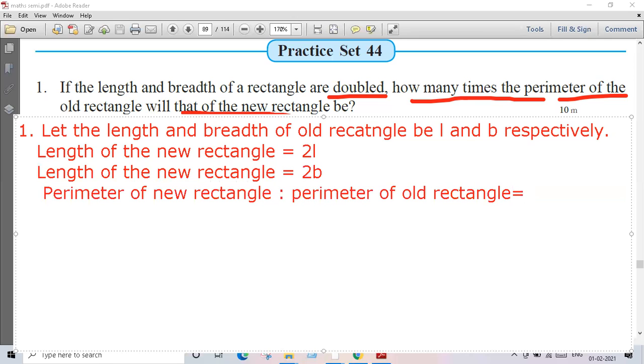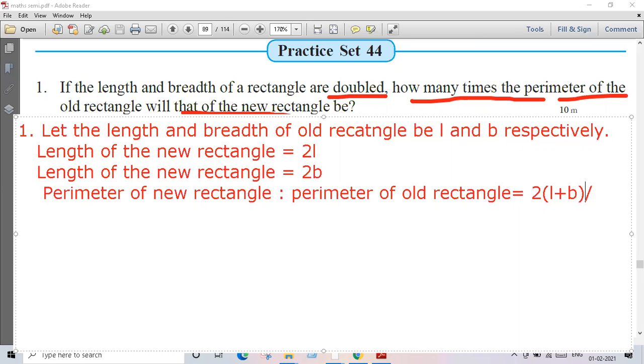Perimeter of new rectangle and perimeter of old rectangle. That is 2 comma L plus B upon 2 comma L plus B.